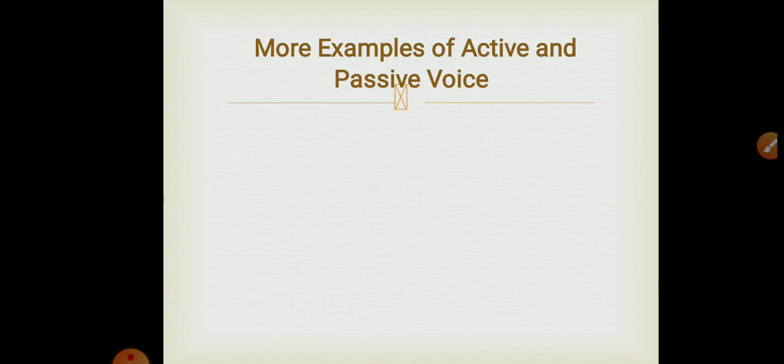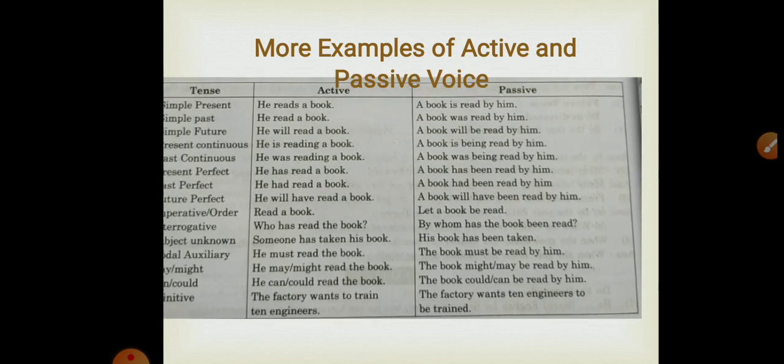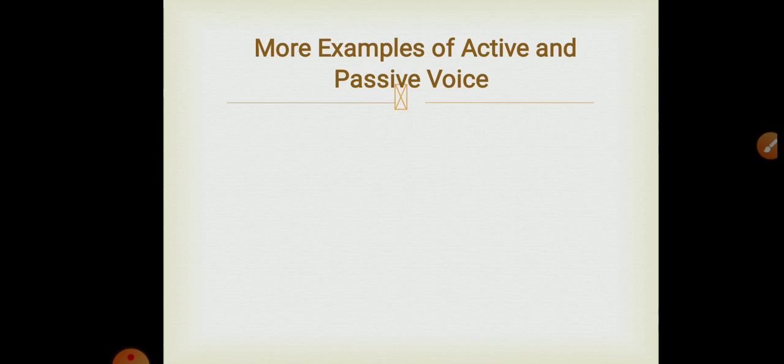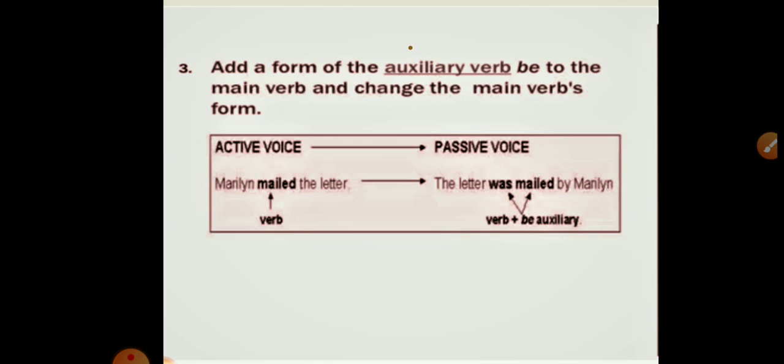Now let's see more examples of active and passive voice. Here, as per the tenses, I have given examples of active and passive voice. For example, if the sentence is in simple present, how do we change the verb? We have already seen that we have to change the auxiliary verb and the main verb.